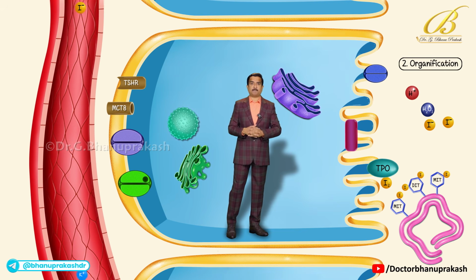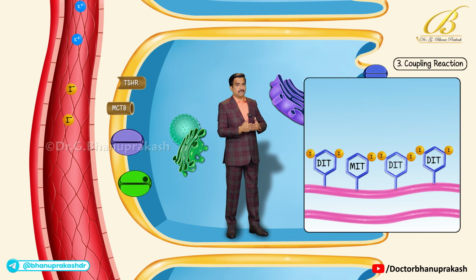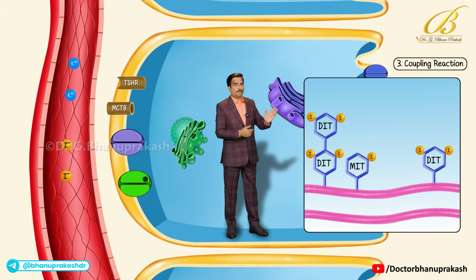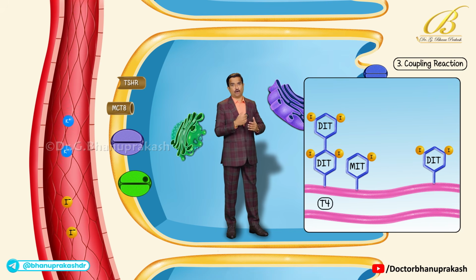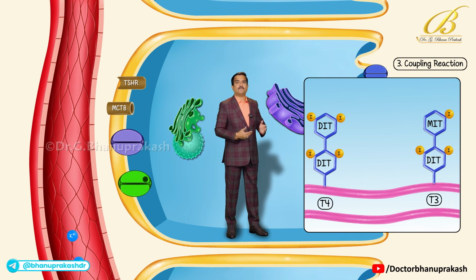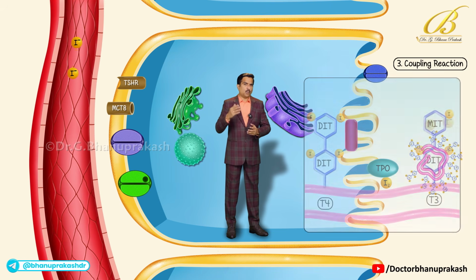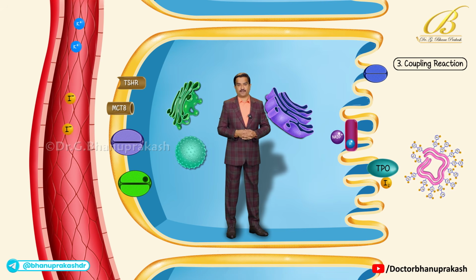The third important step is the coupling reactions. TPO then couples DIT to DIT to form T4, which is known as thyroxine, and MIT to DIT forms T3, which is known as triiodothyronine. Now, where does this H2O2 come from?